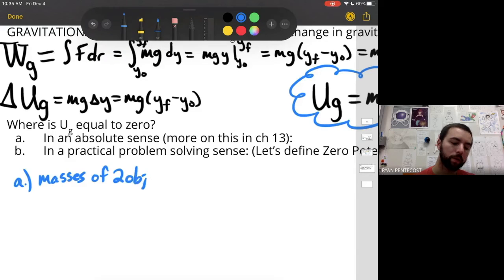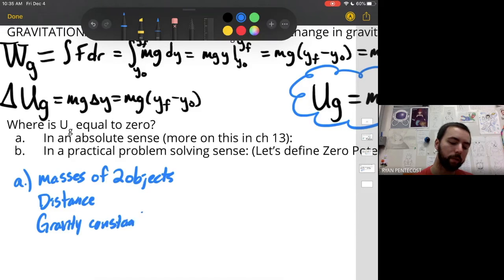It also depends on the distance between those two objects. And then it also depends on the gravity constant that Newton discovered controls the equation. But if we're going to look at the scenarios, the gravity constant is constant, so it's not going to change from instant to instant. So the things that can change are the masses of the two objects and the distance.